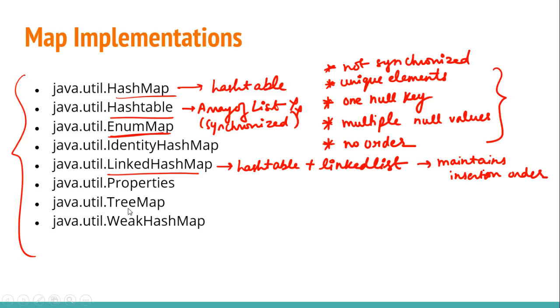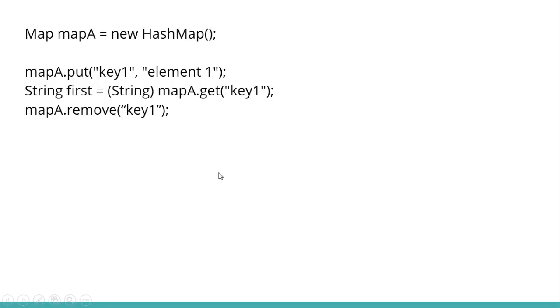Now let's go ahead and take a look at the code here. So we have created a map, that is map A, and we have made it a hash map. So we have used our interface. See, map is an interface here, and hash map is the actual concrete class that we are using. Okay, so this is the simple syntax for creating a map or a set or a linked list, anything.